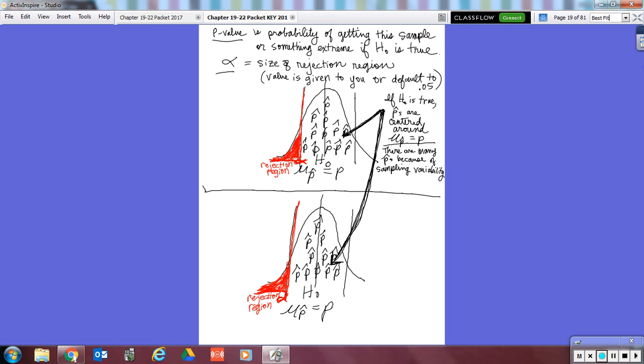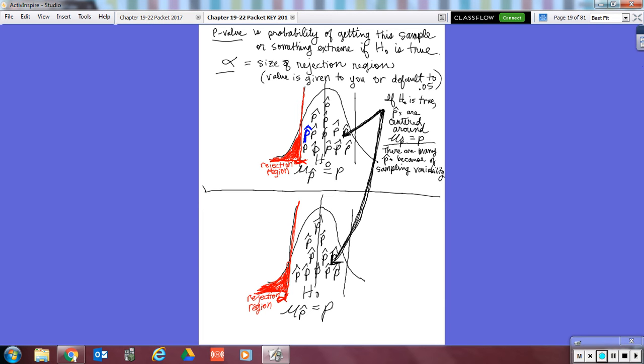The top curve is going to have my sample not in the rejection region. My sample is going to be, say, maybe this value right here. Okay, so I'm going to put my blue p-hat right there. Okay, so not in the rejection region, closer to the center.